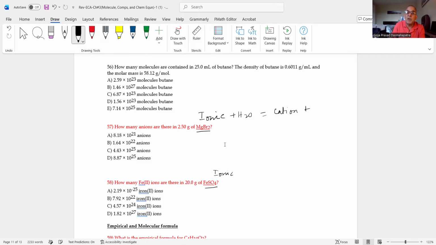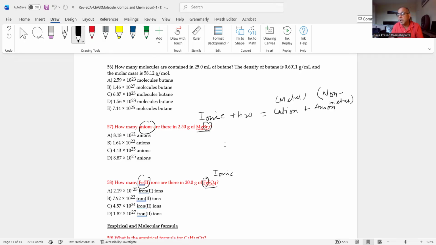Normally, a non-metal will produce anion, and this is the metal. In this case, they are asking about the anions. Anions will be produced by bromine. In the other case, they talked about iron 2 ions, and this is the metallic part.